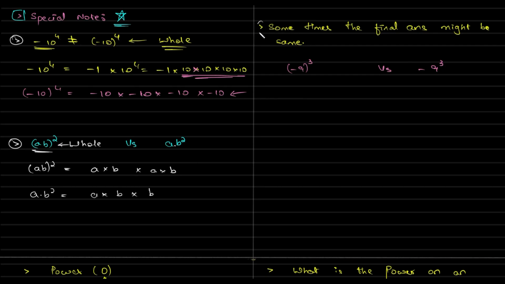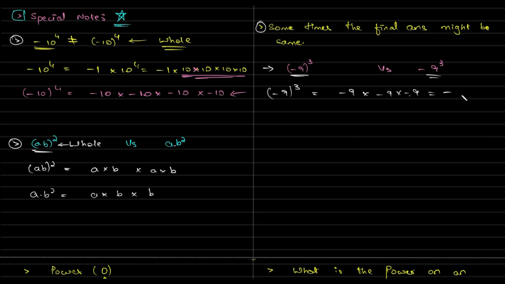Okay, next point here is sometimes the final answer might be the same. Just because the final answer is the same does not mean what you represented means the same. I'm going to explain that with this example. Negative 9 whole to the power of 3 is nothing but negative 9 into negative 9 into negative 9. So what is negative into negative into negative?